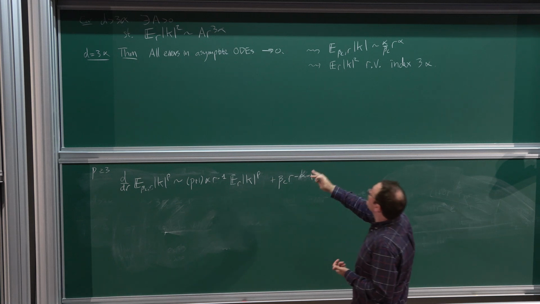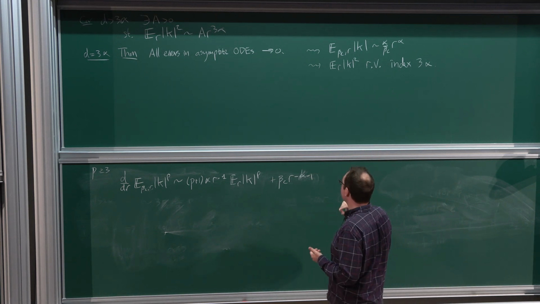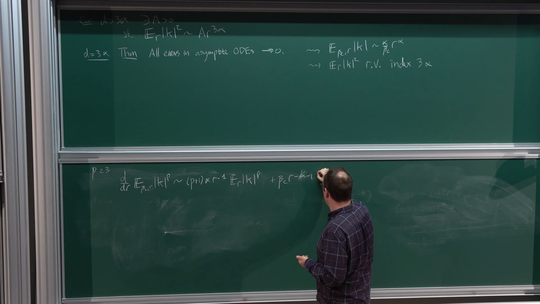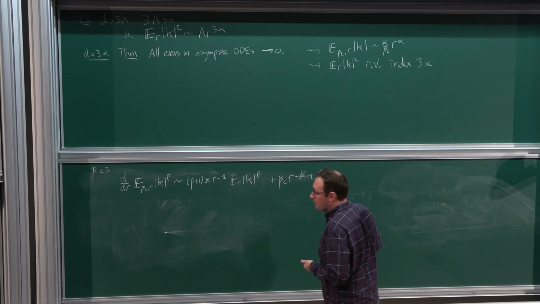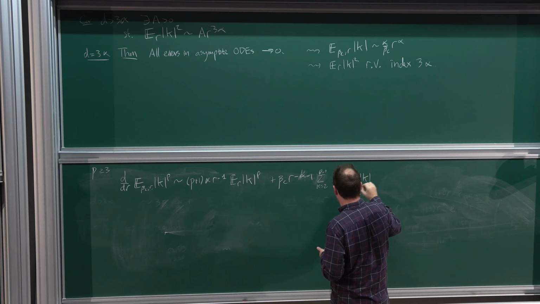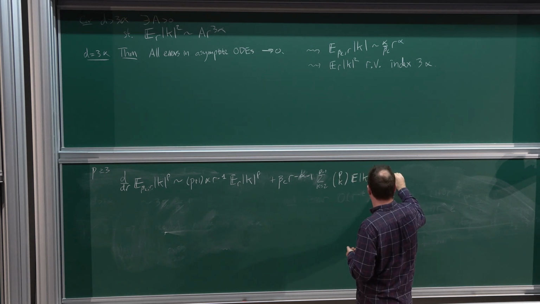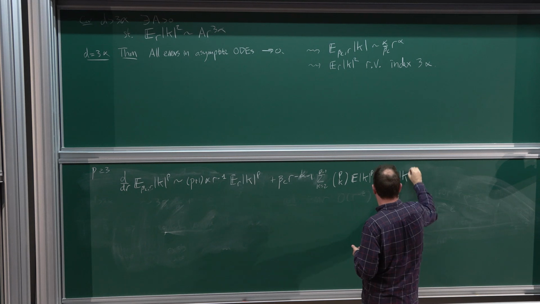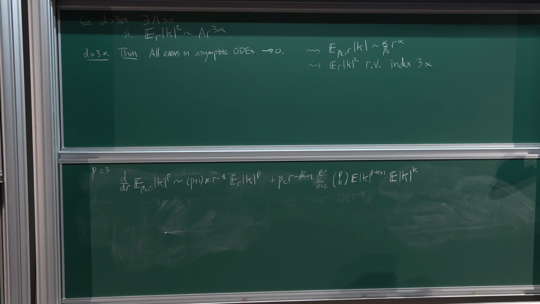Again, the r to the d cancels with the sum over y to first order of the sum k equals 2 to p minus 1, p choose k, expectation of the cluster to the p minus k plus 1, expectation to just the kth moment. Okay?